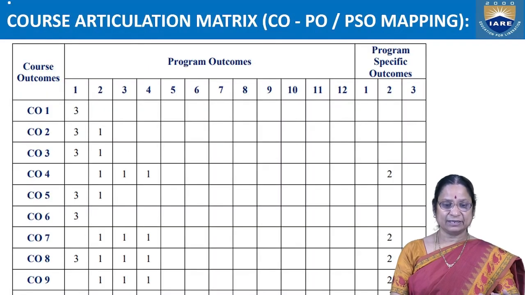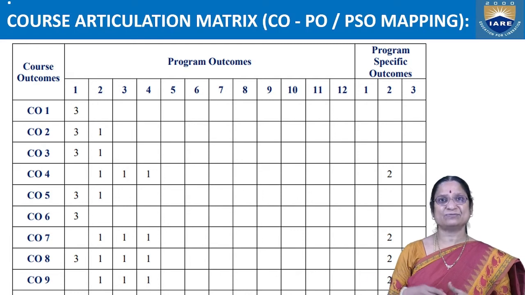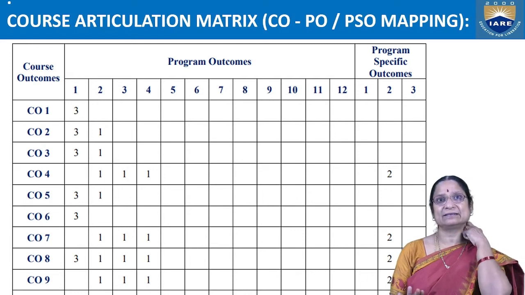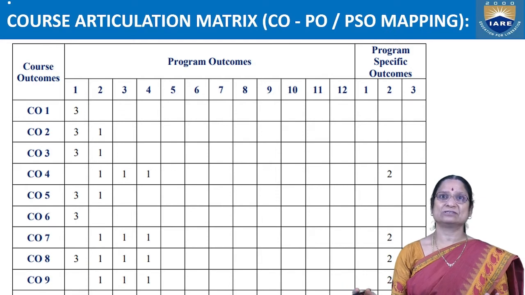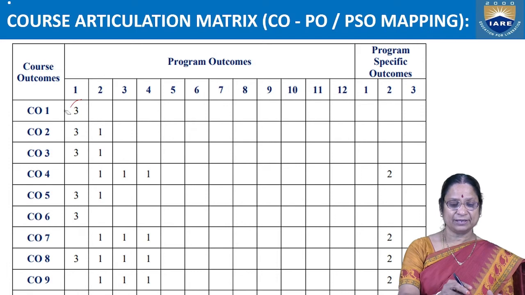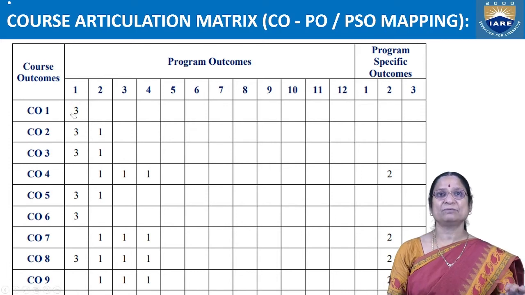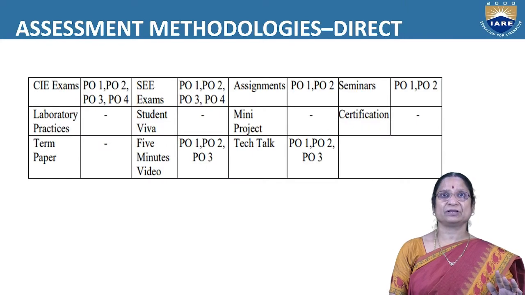We will get the course articulation matrix, that is the CO, PO and PSO mapping, this is the strength. So CO1 strength is 3 for mapping with PO1, CO2 is 3 with PO1, 1 with PO2 and so on. These values are acquired by using the respective mathematical formulas actually.